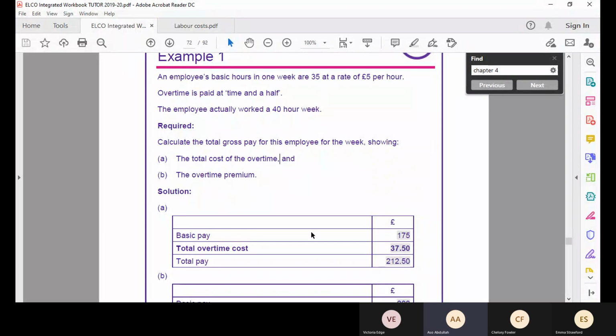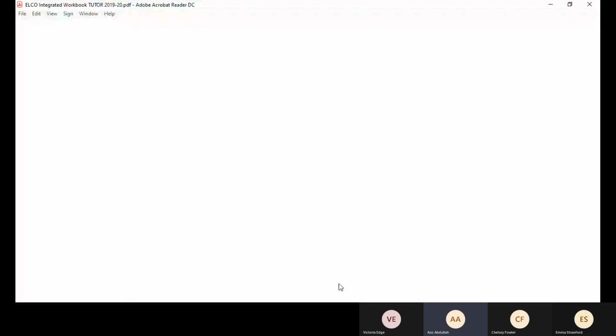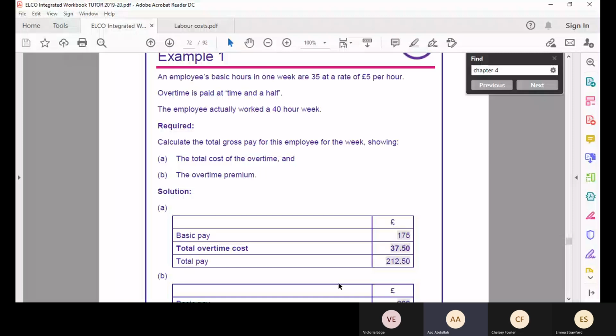So how did they calculate it? The basic pay is £175, so it means 35 hours times £5.